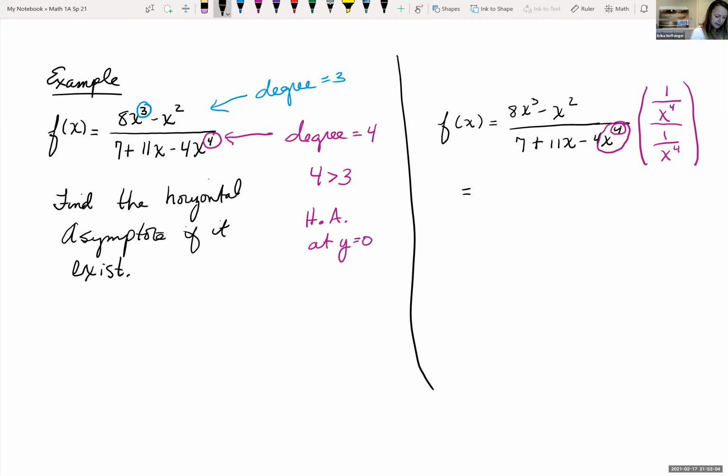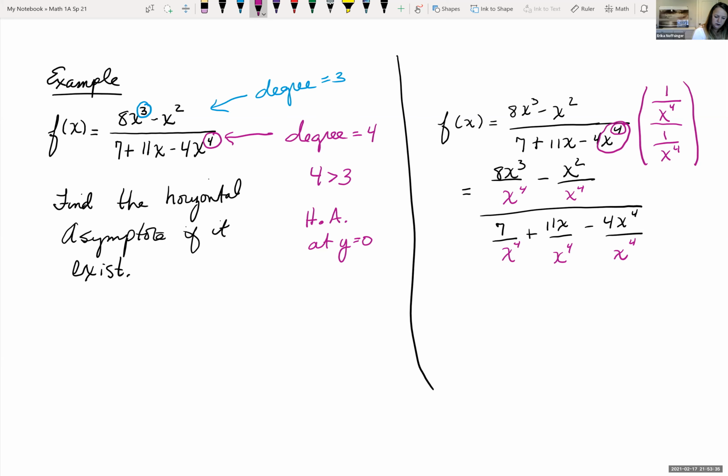And so if we do that, we have 8x cubed all over x to the 4th minus x squared all over x to the 4th, divided by 7 divided by x to the 4th plus 11x divided by x to the 4th minus 4x to the 4th divided by x to the 4th. So we're going to now use our rules of exponents.